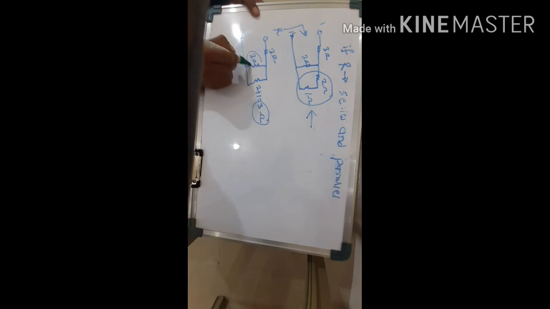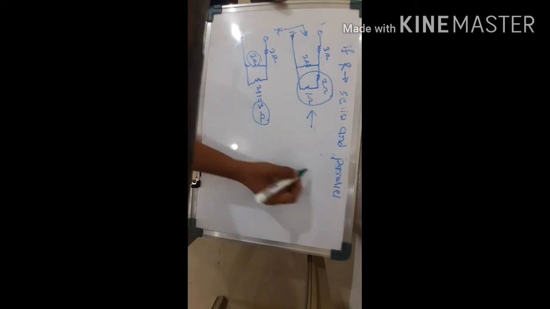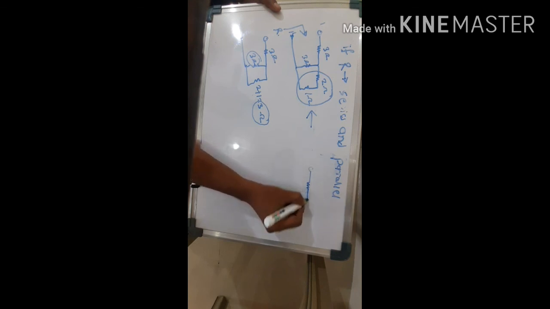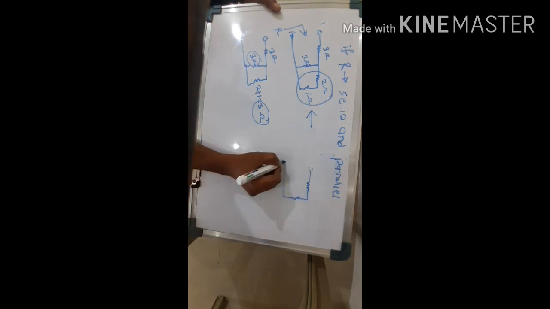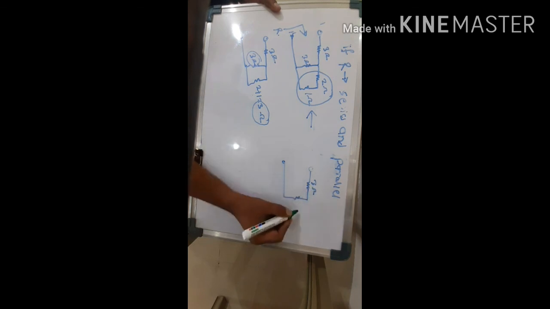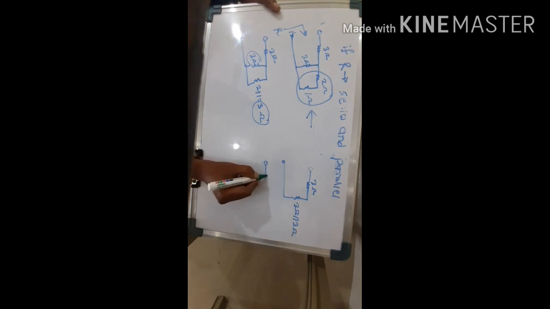So this 3 ohm and this 3 ohm are in parallel. As already explained, two resistances of the same value connected in parallel have an equivalent exactly half. So 3 ohm parallel with 3 ohm gives 1.5 ohm.